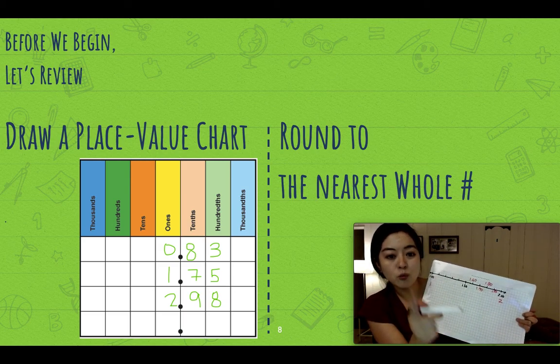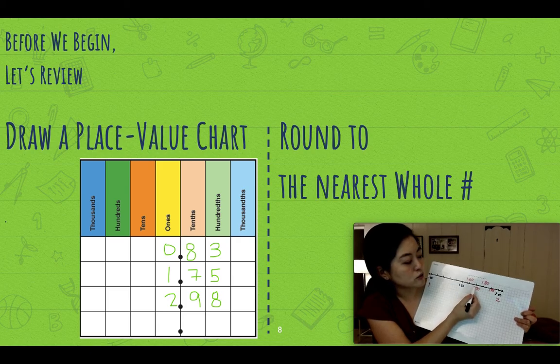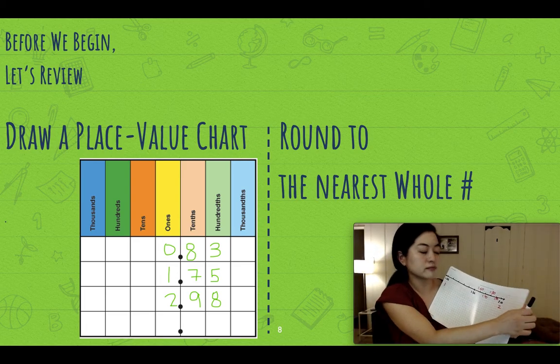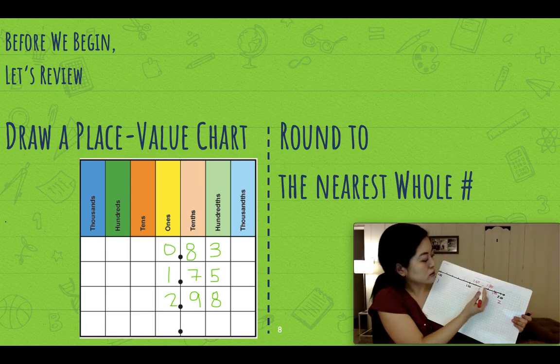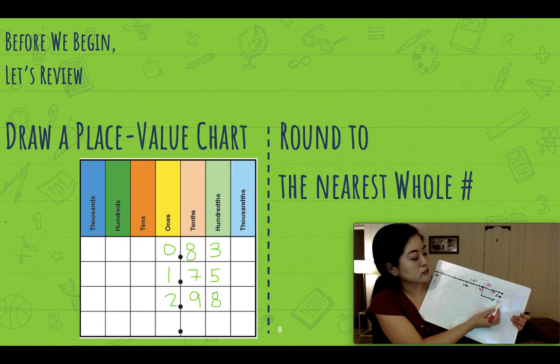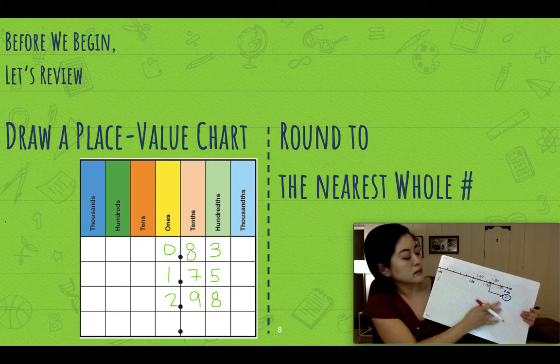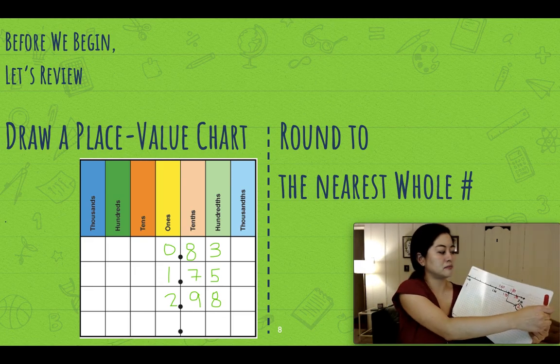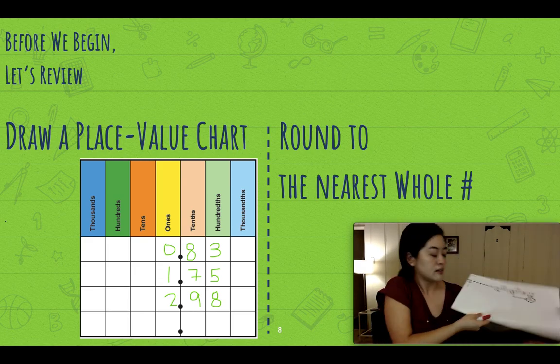But 1 and 75 hundredths is between 1 and 70 hundredths and 1 and 80 hundredths. So it looks like it's right here, somewhere in the middle. Again, it looks like this is closer to this whole number, not this one.